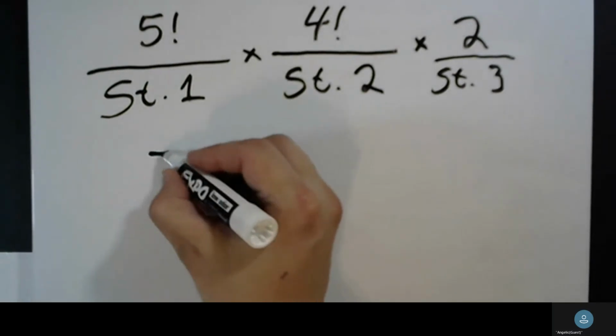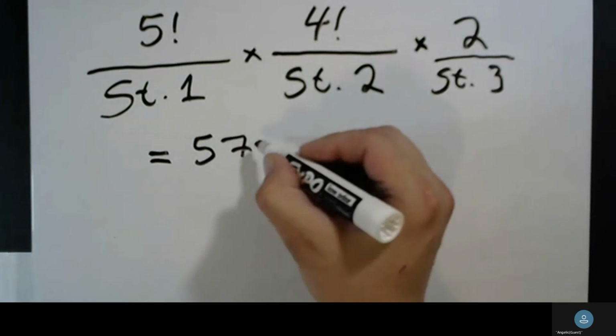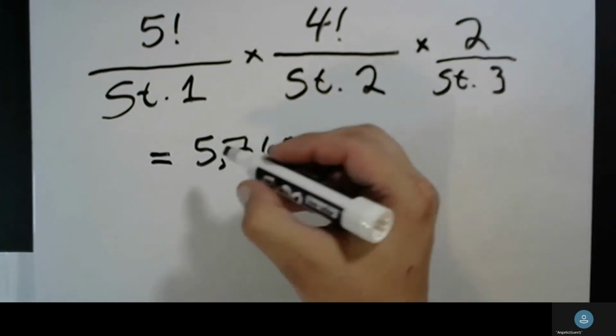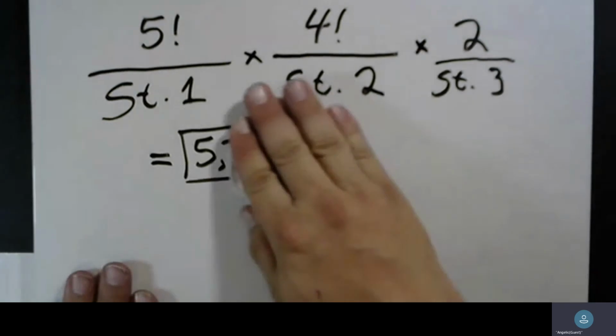And so when we do the math on this, what we'll get is 5,760. Any questions about that? No, looks okay.